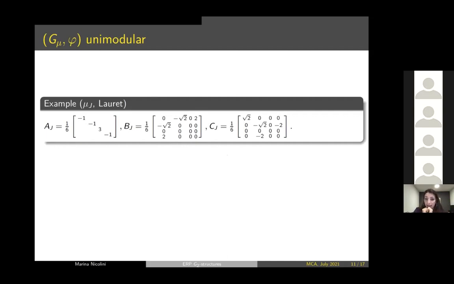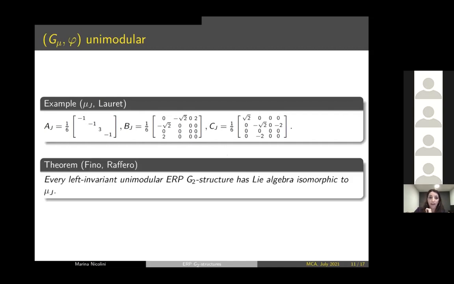In this case, Fino and Raffero proved that if you have a left-invariant unimodular ERP G2 structure, then the Lie algebra must be isomorphic to mu j. This is the Lie algebra mu j. But it does not imply that there could not be another ERP.